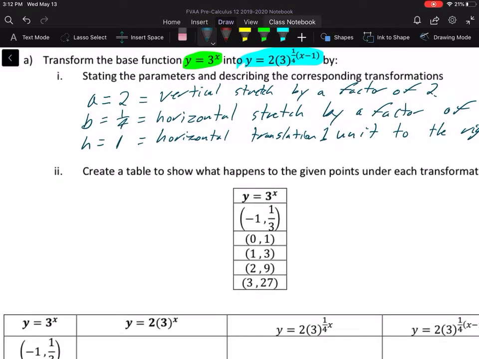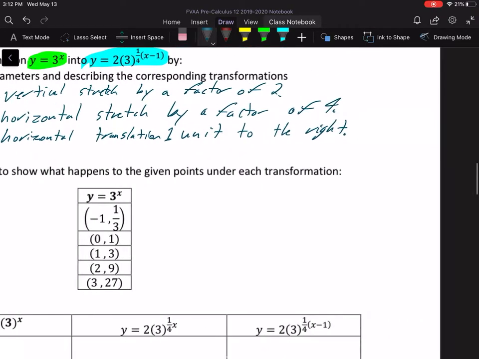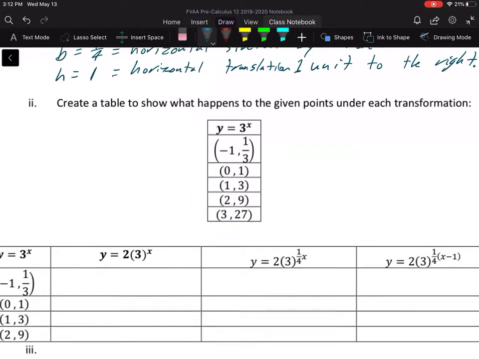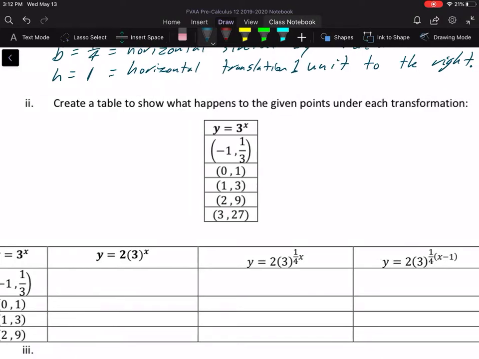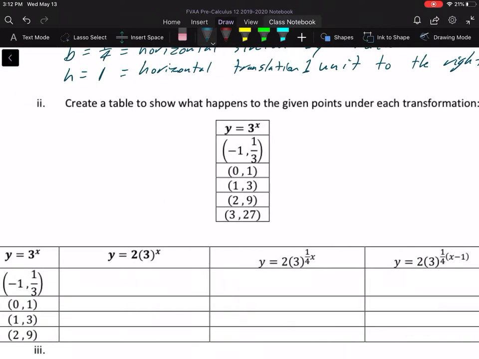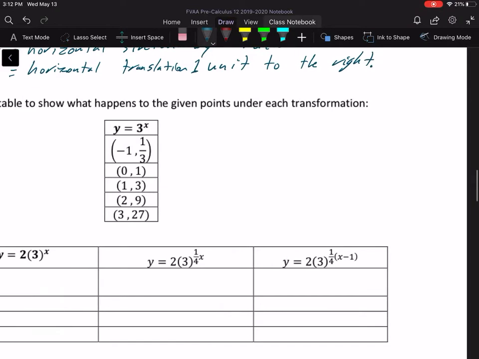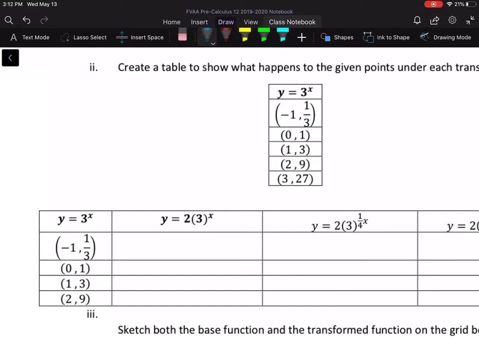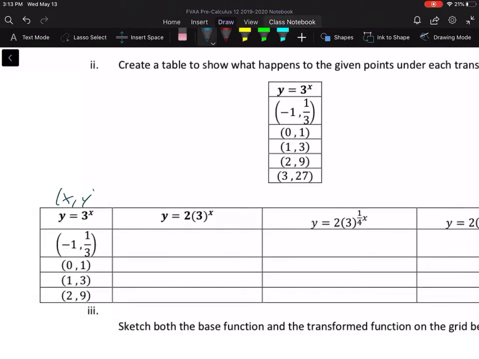So, create a table. Here are the values, the points that we have graphed. We're going to see how these points change as we apply these different transformations onto it. So first, we're going to apply the transformation of the a value, a vertical stretch of 2. Essentially, if this is x and y, this is going to be x and ay.